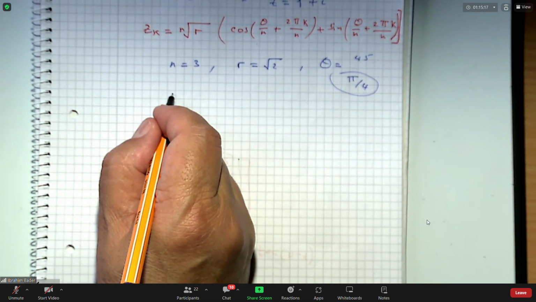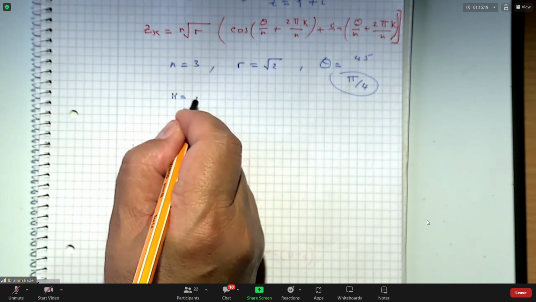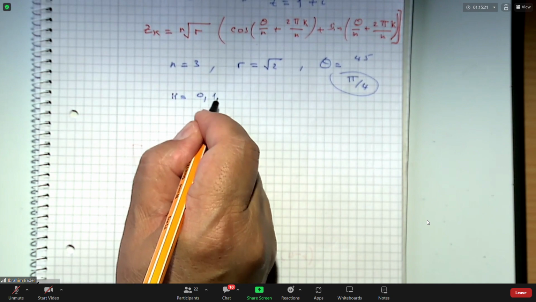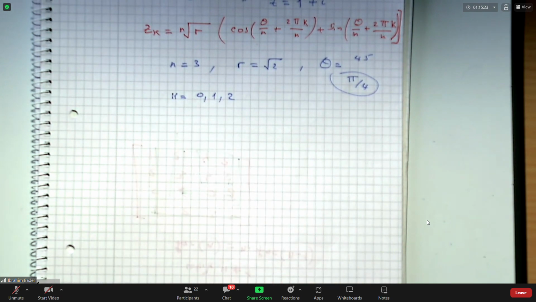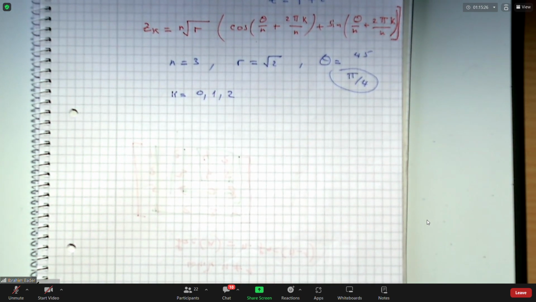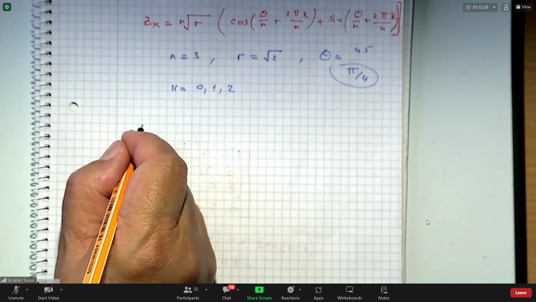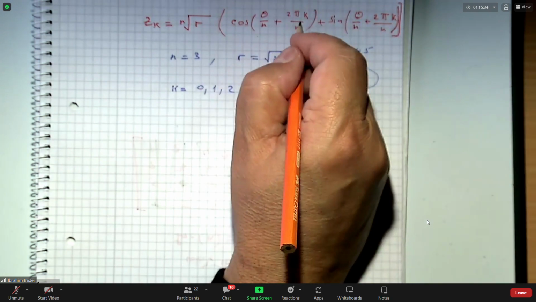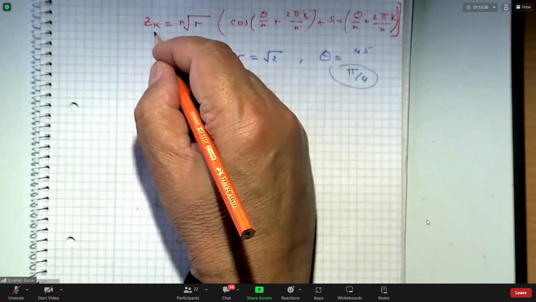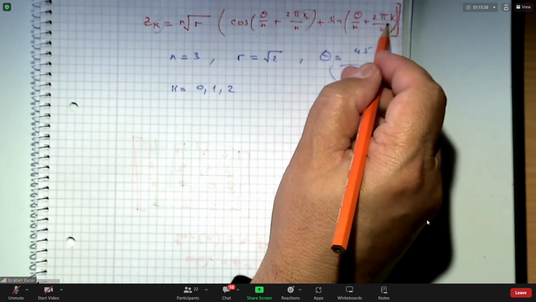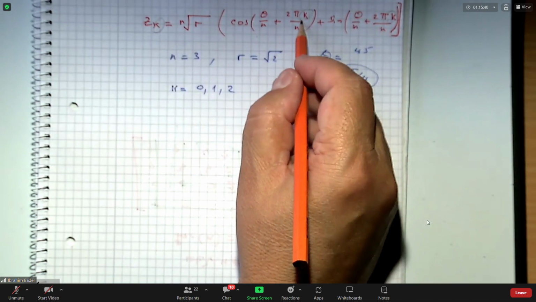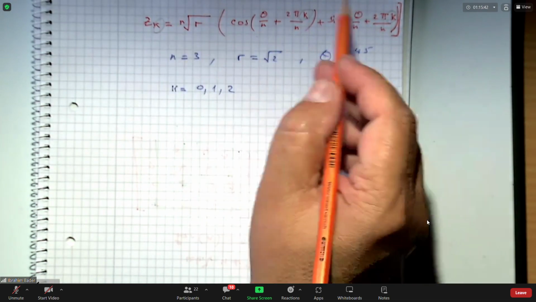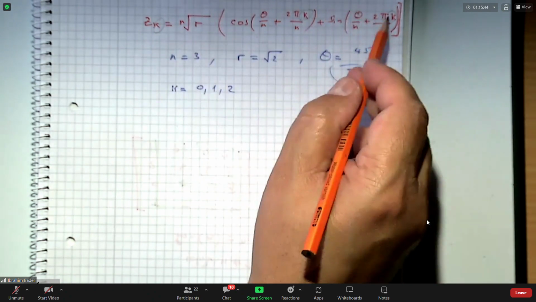That means, what is k? k equals, I need to evaluate k0, k1, k2. These are the three roots I need to evaluate, so just plugging this in the formula. Notice that once I evaluate this k, I'm just plugging in one time each: first time k equals 0, second time k equals 1, third time k equals 2.